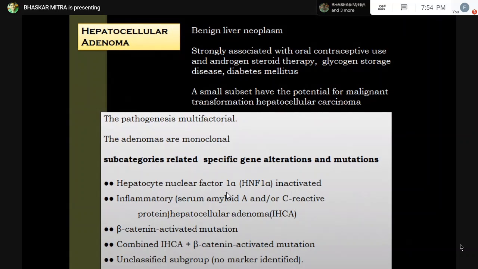Next is the inflammatory hepatocellular adenoma, with abnormality in serum amyloid A and C-reactive protein. There may be beta-catenin activating mutations causing hepatocellular adenomas, which is one of the most important groups. There may be a combination of inflammatory hepatocellular adenoma along with beta-catenin activating mutation. There may be an unclassified group which doesn't follow any specific genetic alteration or mutation.